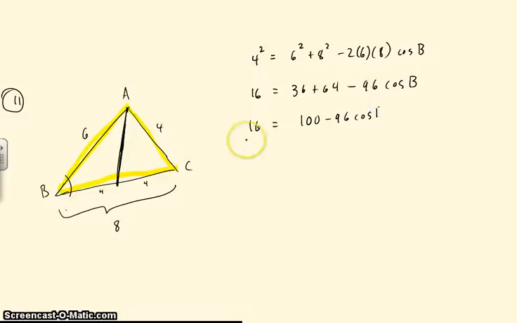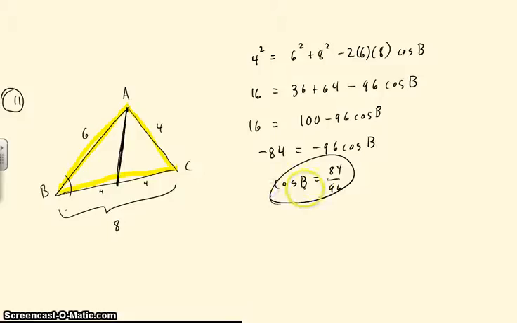I'm going to subtract 100 from both sides. So that's negative 84 equals negative 96 cosine of B. I get the cosine of B is 84 over 96.